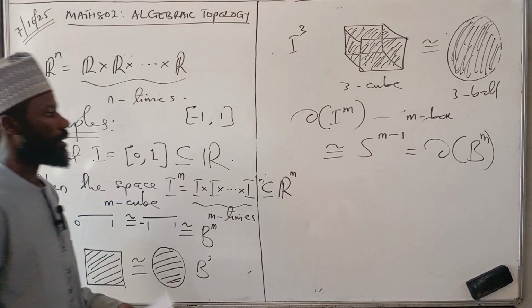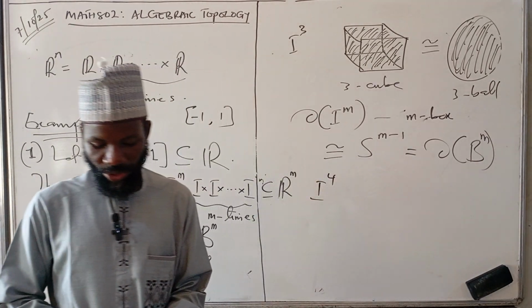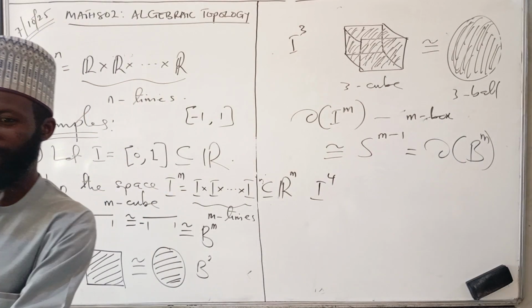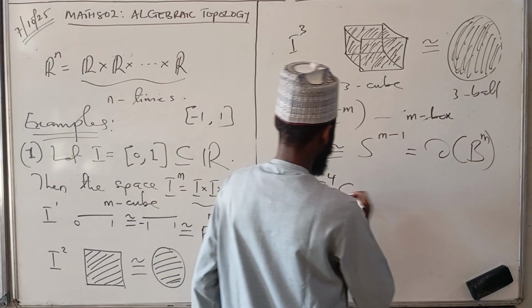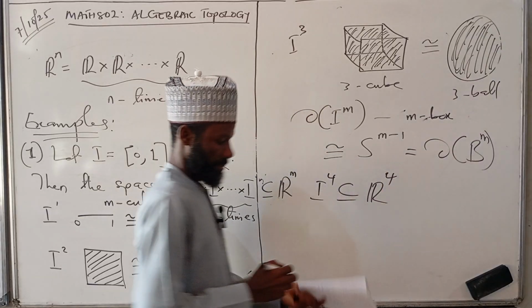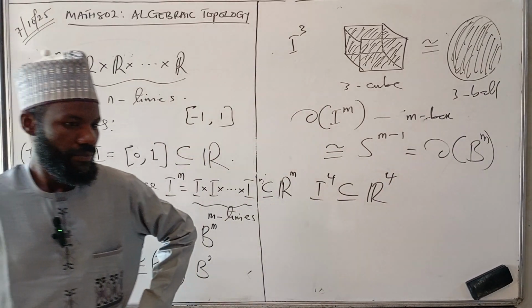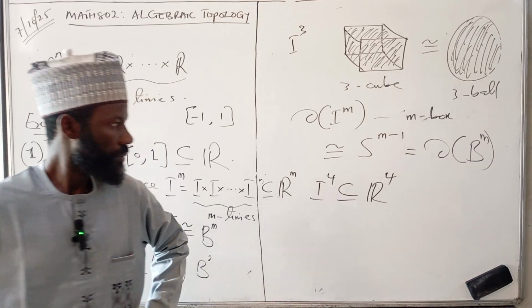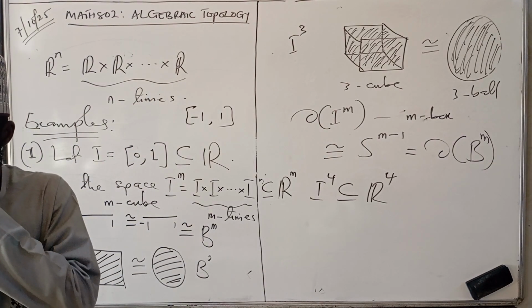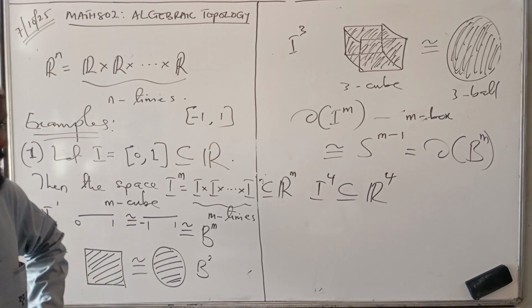But, well, then, how about this? We cannot draw this one because this one now is in R4. It's in 4 dimensions. Okay? It is called tesseract. Tesseract, I think.